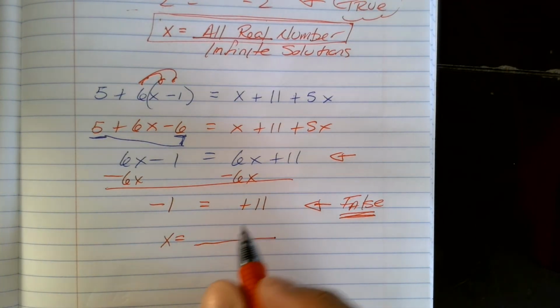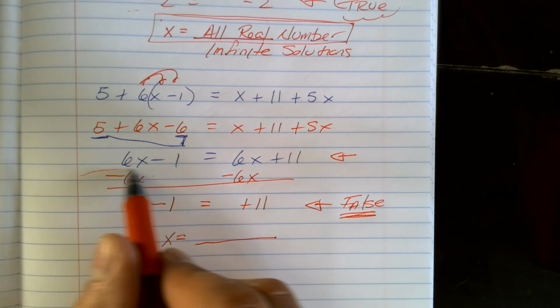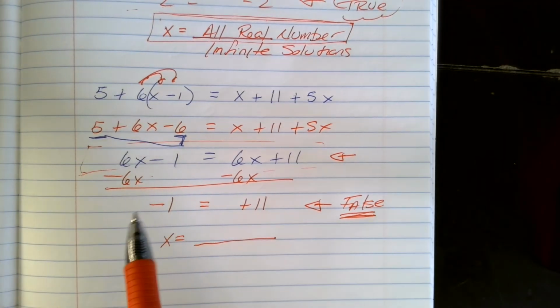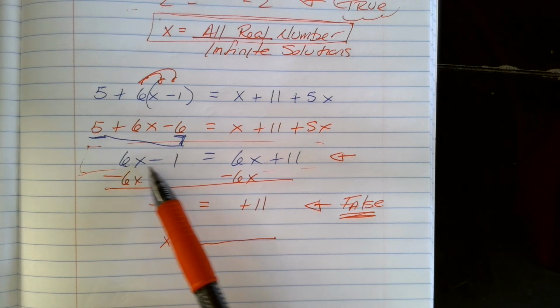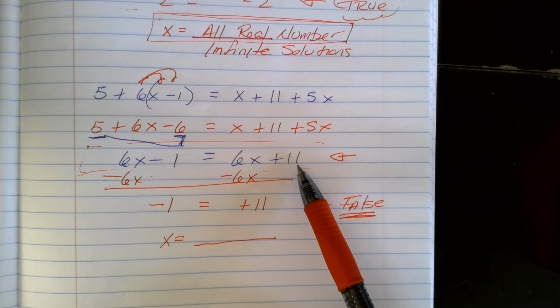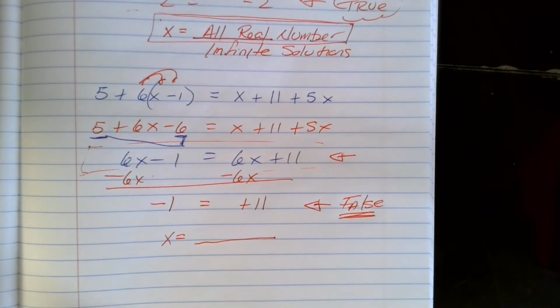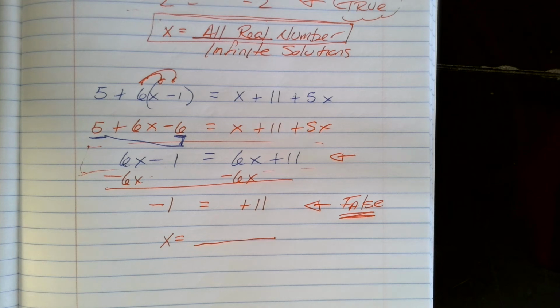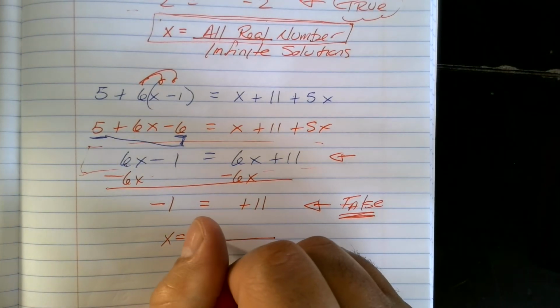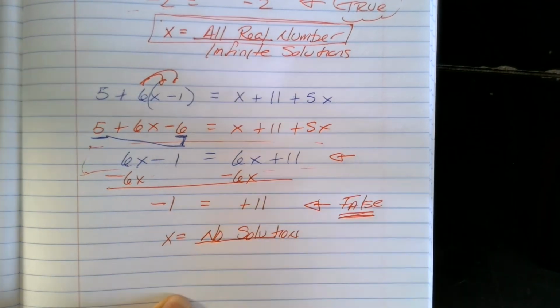Well, in this case, no matter what value I put in for x, 6 times 2 minus 1 is equal to 6 times 2 plus 11. No matter what value I put in, I'll always have a false statement. It'll never be a true statement, and only true statements are solutions, so therefore there is no solution to this equation.